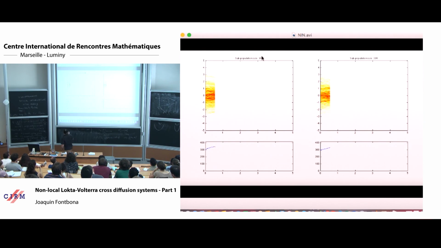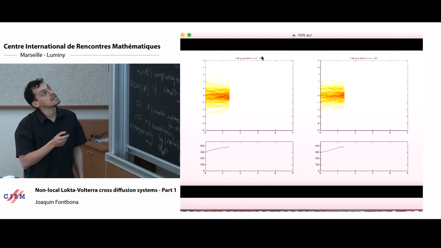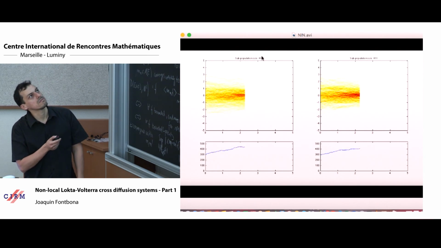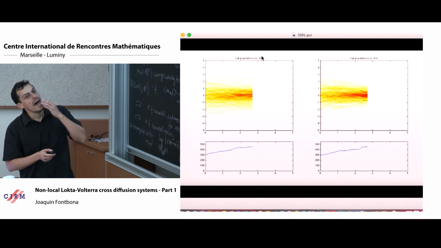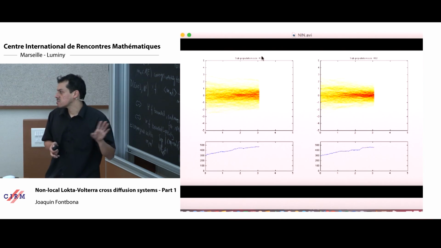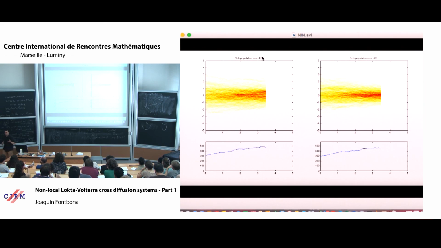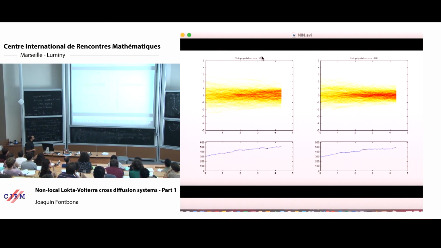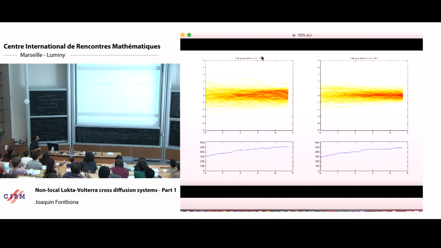Here I have space, and here I'm counting the number of individuals of each population. I have a small size population, and they do not interact. Let us take this as a benchmark or a comparison setting. What you expect is some mild, moderate growth, because you have the logistic effect.